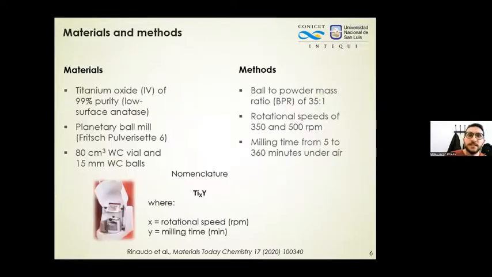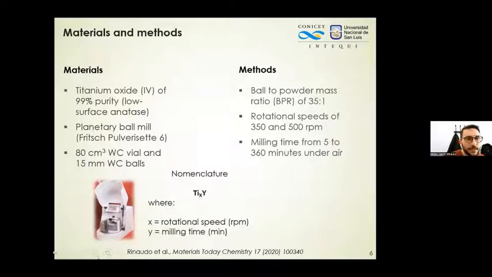We started this study with a titanium oxide, a pure anatase phase with low surface area, and we used a planetary ball mill, which we can see in the image.